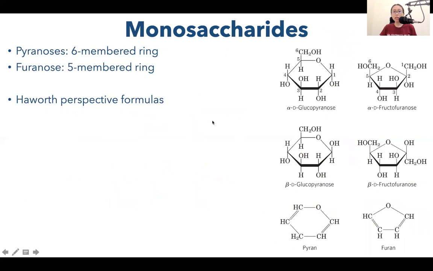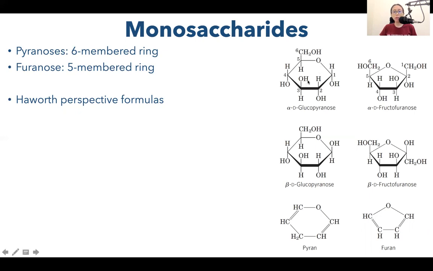Now, once your monosaccharides form these cyclic structures, they are designated as either pyranoses or furanoses. Pyranoses are for six-membered rings regardless of the identity of the elements found in your ring.